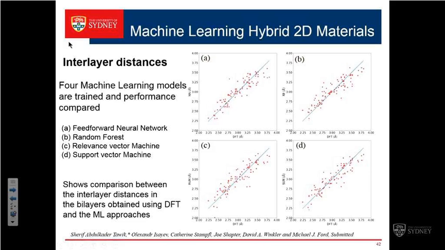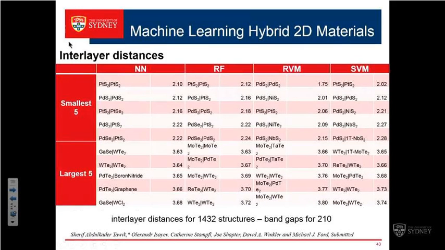In this case, we had a feed-forward neural network, random forest, and support vector machine. We tried 4 different ones in this study. They all predicted very similar results, I think. There are some deviations, as you would expect.